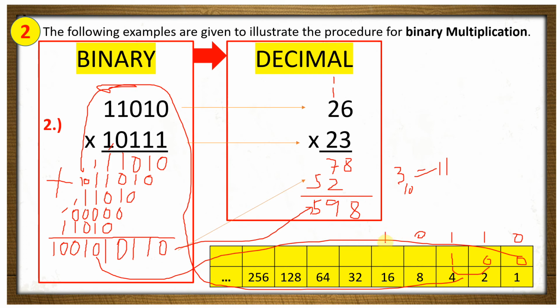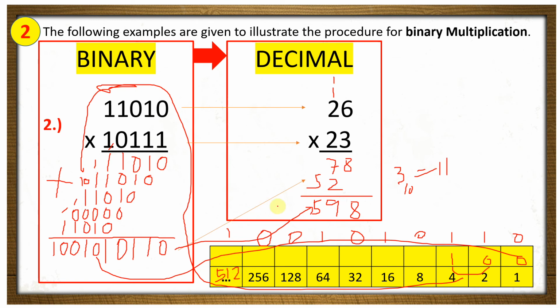Next is 1, 0, 1, 0, 0, 1. Okay, so in this case we are going to add this table. So 256 times 2, that's 512. So we are going to add powers of 2, since we have a large number.